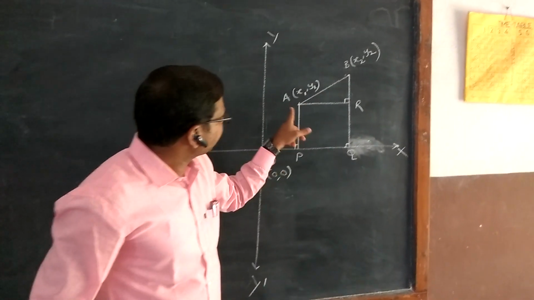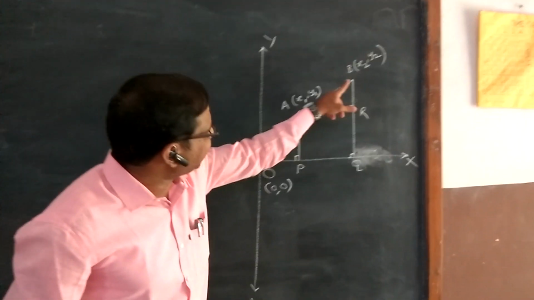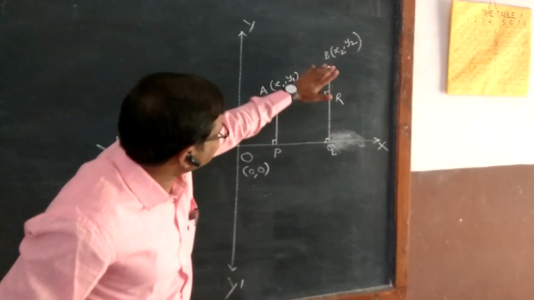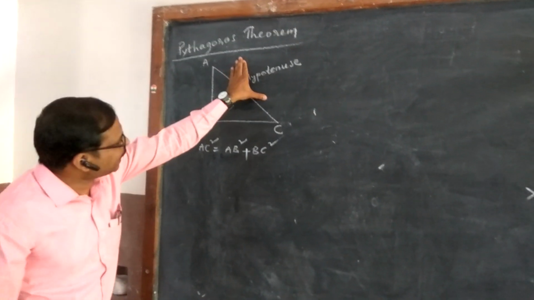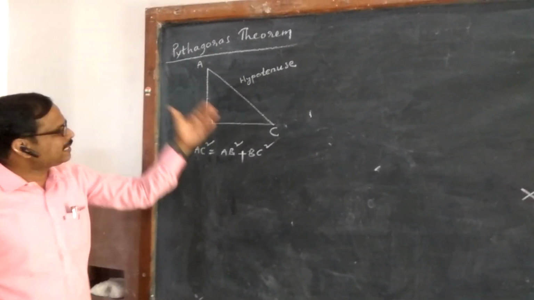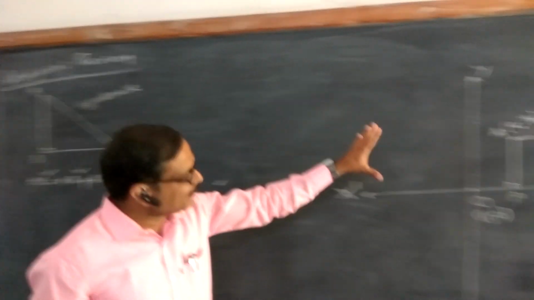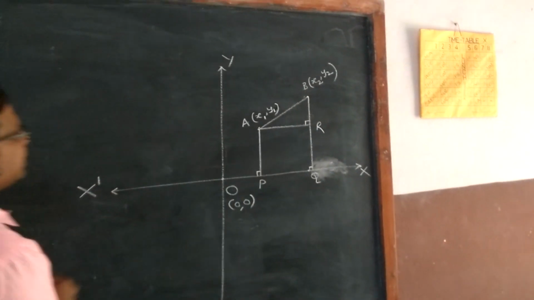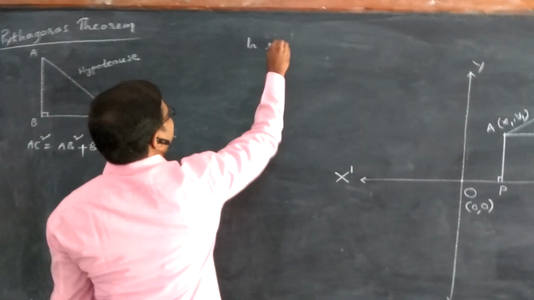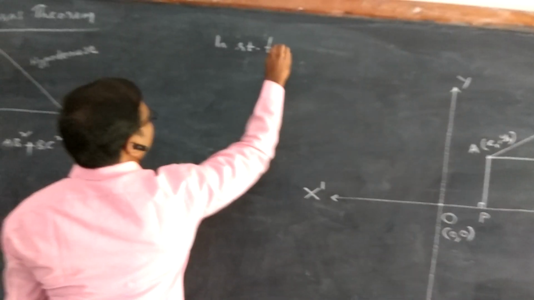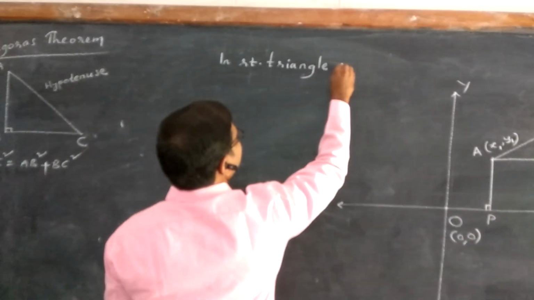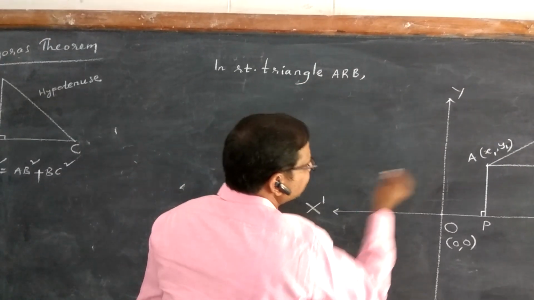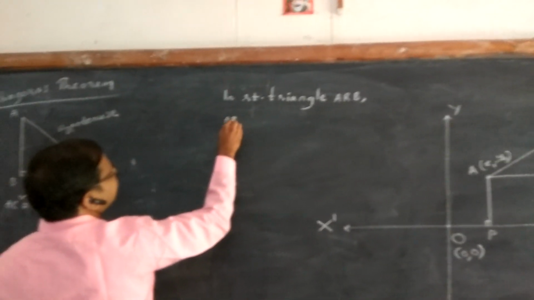Now in this right angled triangle, can you apply the Pythagoras theorem? Hypotenuse square is equal to side square plus side square.